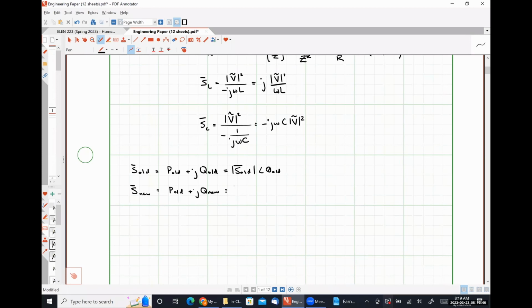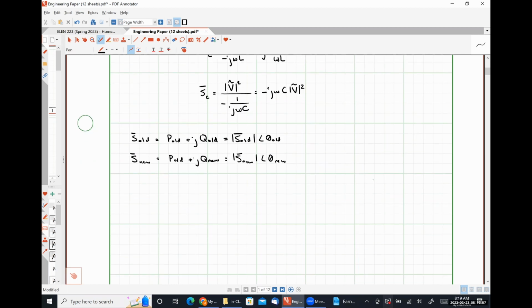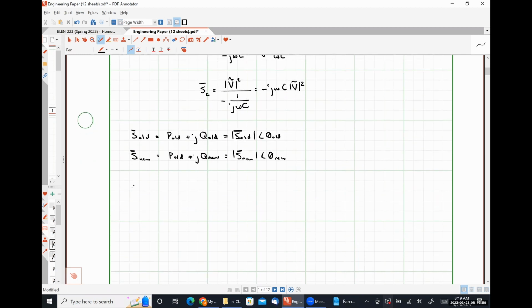So this is going to look like S new with an angle of theta new. And we also know that S new is equal to S old plus S cap, where S cap is the complex power supplied by our capacitance.